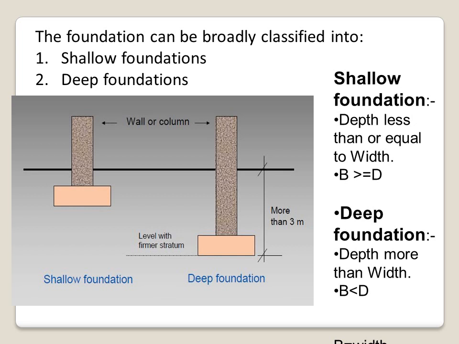In this figure you can see the orange color represents the foundation and that pillar represents the wall or column. Shallow foundation is situated very near the ground level because the depth is very small, but the deep foundation is situated more than 3 meters from the ground level.